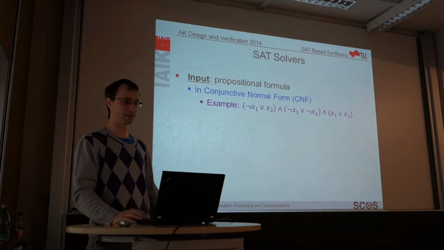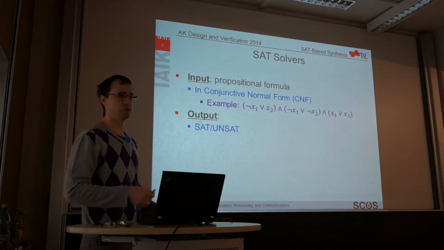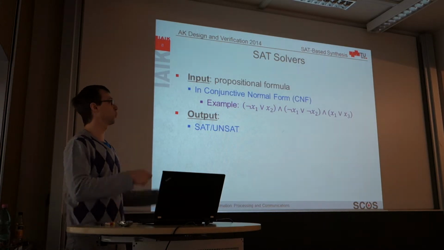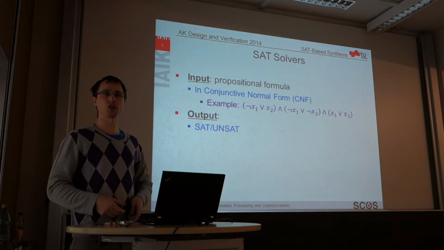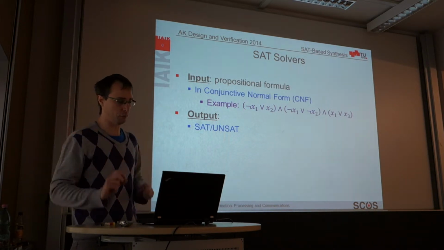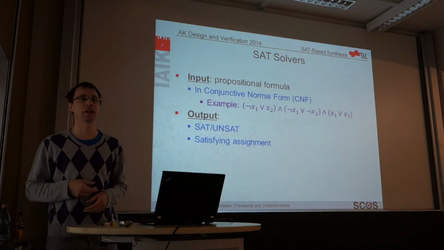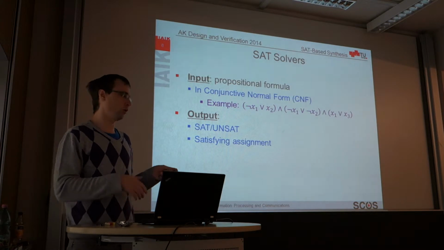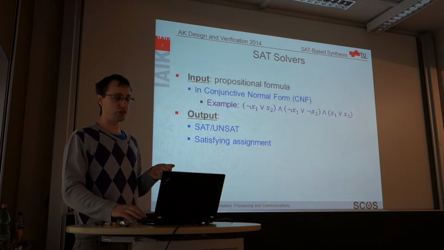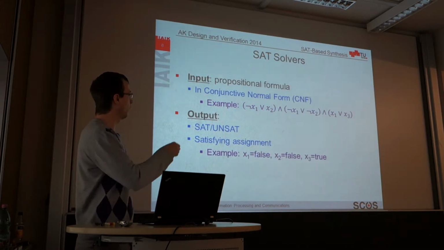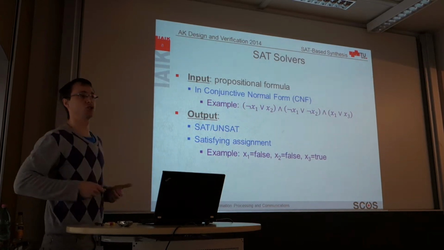So, a SAT solver takes such a formula as input, and as an output, it gives us basically a yes-no answer. It tells us whether this formula is satisfiable or unsatisfiable. And usually we can also extract more information from the SAT solver. Usually the SAT solver also gives us a satisfying assignment, which means, only in case of satisfiability of course, concrete values for all the variables that appear in our formula, such that this formula becomes true.